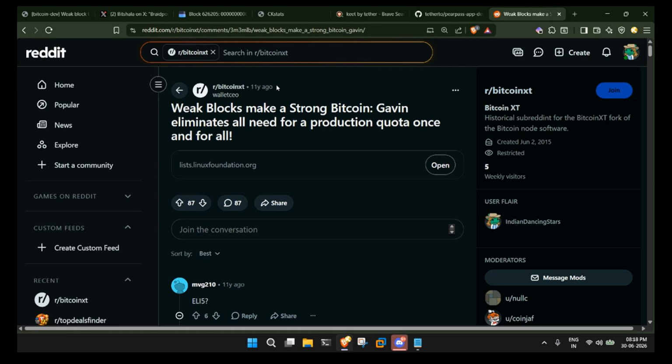If you remember, there were two communities. One community wanted to scale Bitcoin by increasing the base block size limit via hard fork, and Gavin was also supporting that. And there were small blockers who wanted to keep the base block size small to protect node decentralization.